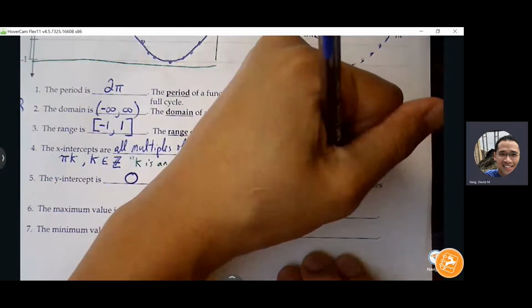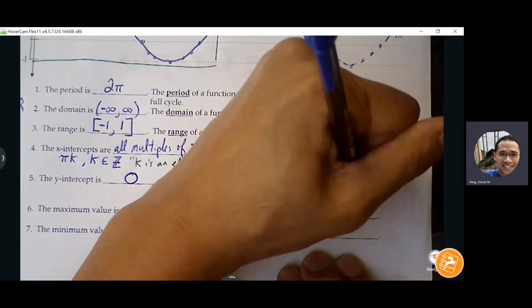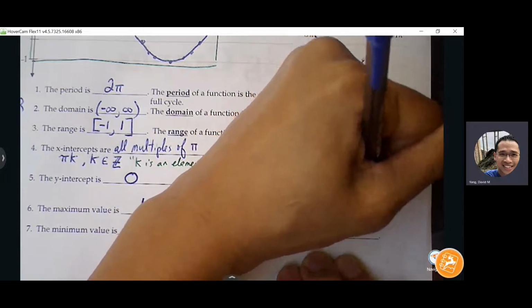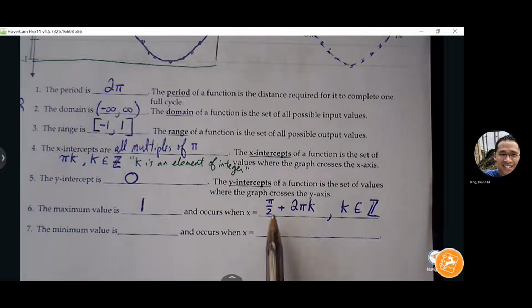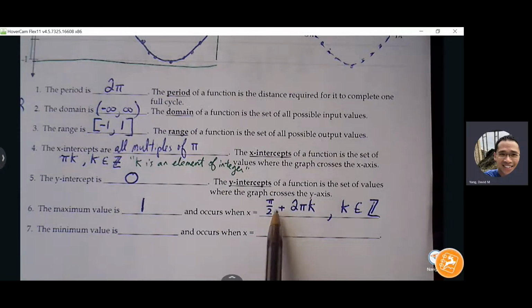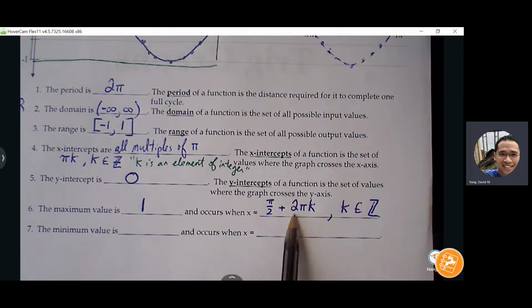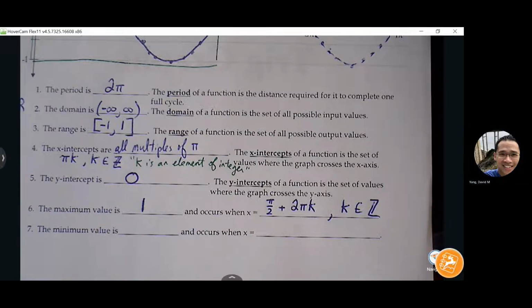And then again, as long as we define k as an integer, we're basically listing out all the possibilities without having to do it for every individual one. We just create a rule. So we can just say, every instance that you can imagine for pi over 2 plus anything that's 2 pi away, or multiples of 2 pi away, you're going to hit all these maximums again and again.